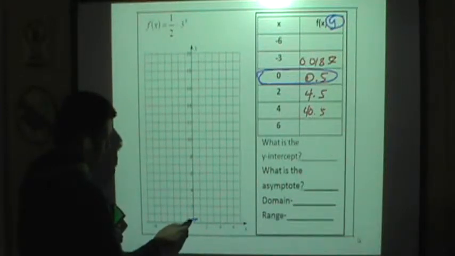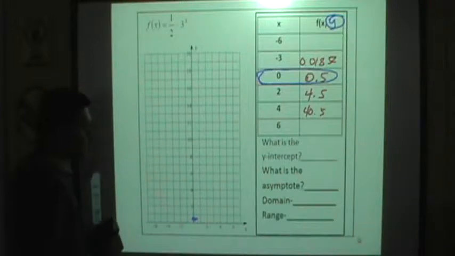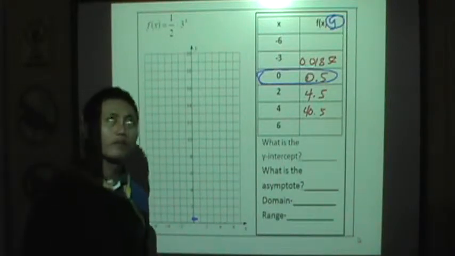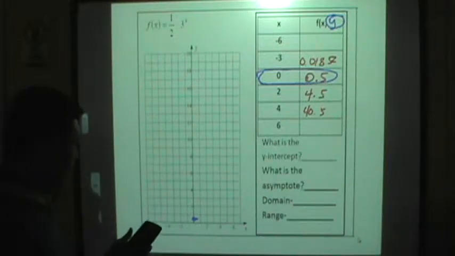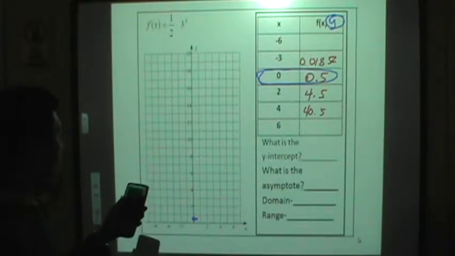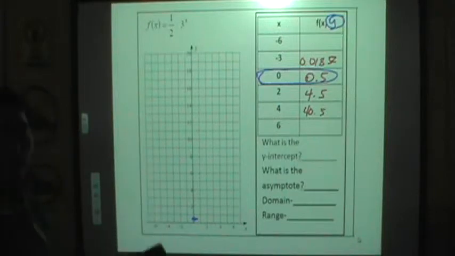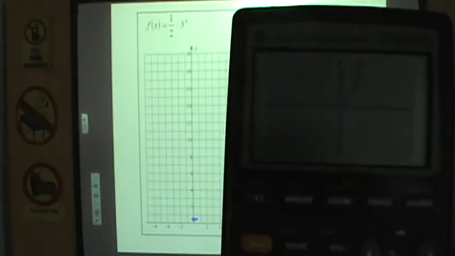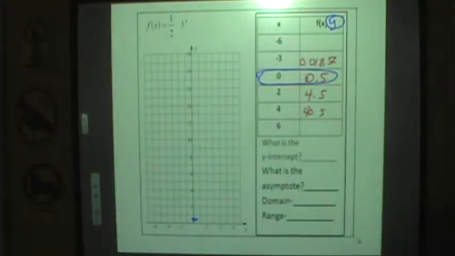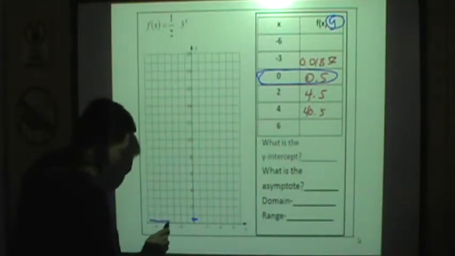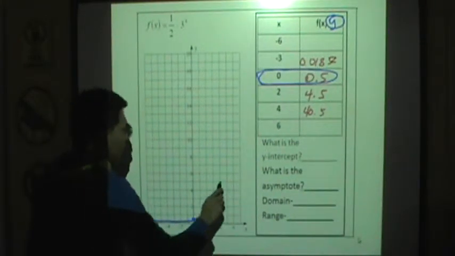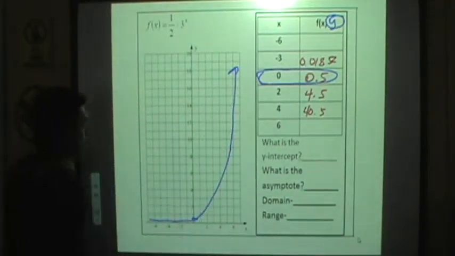This is going to be your y-intercept. By pressing graph, you will now have a graph similar to this. The graph is basically going up from left to right, passing 0.5 and so on.